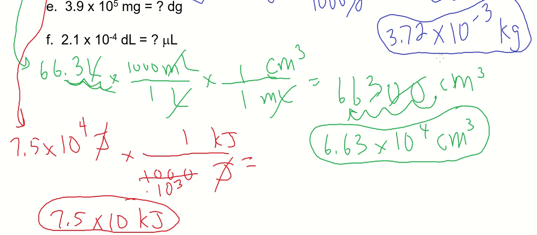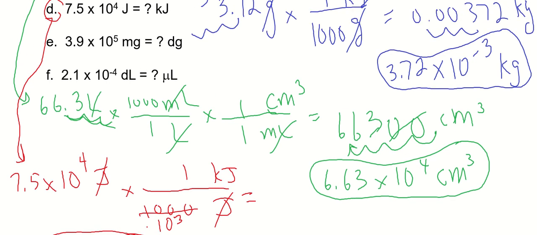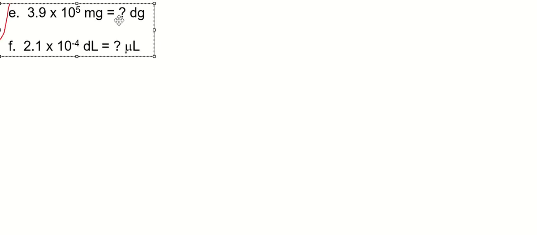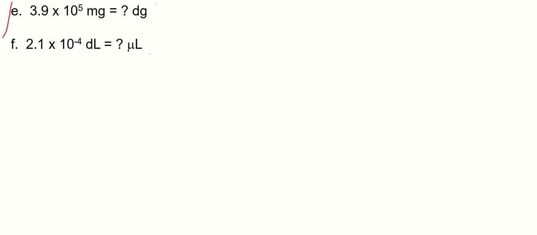All right, so where are we at? E. I need to copy this because I'm running out of space. There we go. I'm going to use black. All right, E. 3.9 times 10 to the 5 milligrams to decigrams.